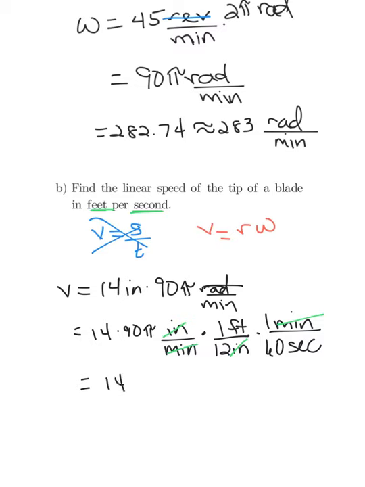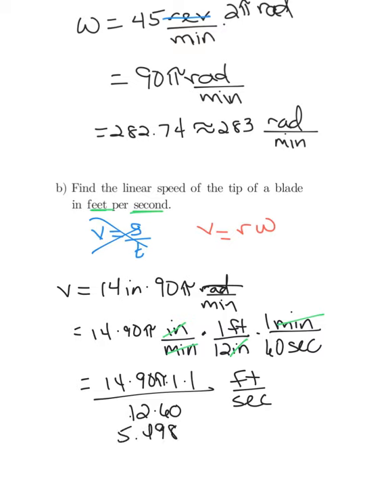We've got 14 times 90 pi times 1 over 12 times 60, and then our labels are feet and seconds. If you multiply this all out, you get 5.498 feet per second, which rounding to the nearest whole number is 5 feet per second.